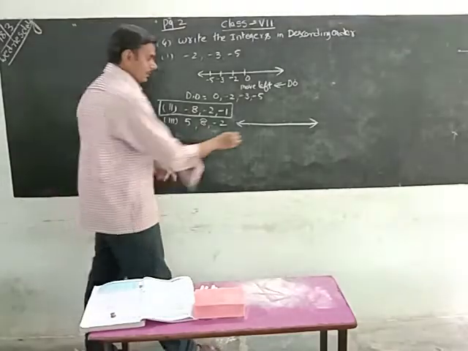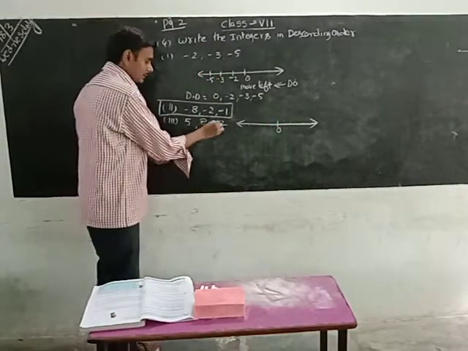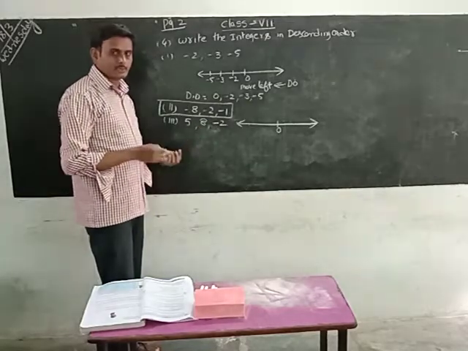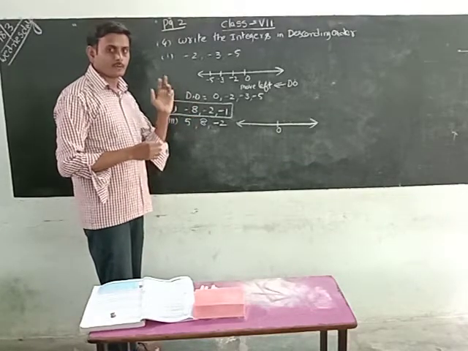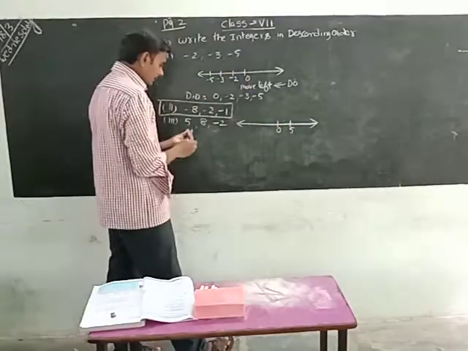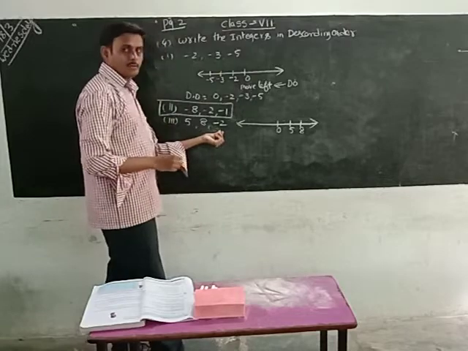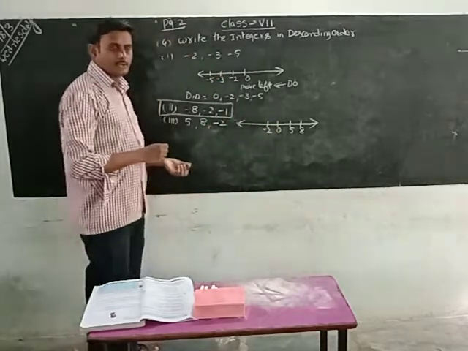Arrange in descending order. We write 0 here. How many positive numbers are there? 2 positive numbers: 5, 8. Which can we write first on the number line? After 0, 1, 2, 3, 4, 5. 5 we can write. Next 8. Next, only one number is there, which we write on the left side of 0.